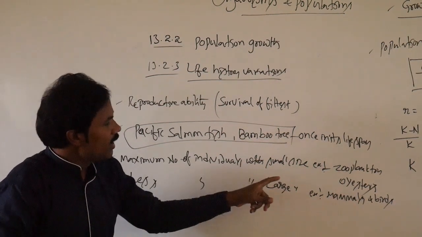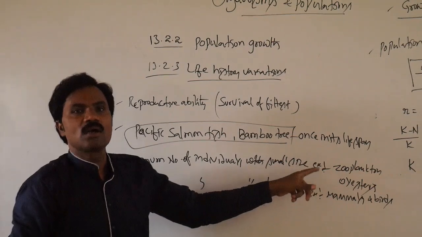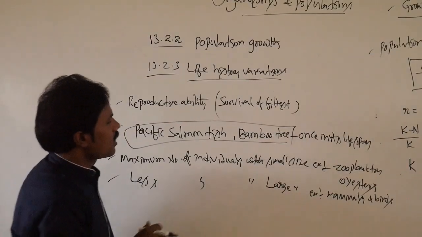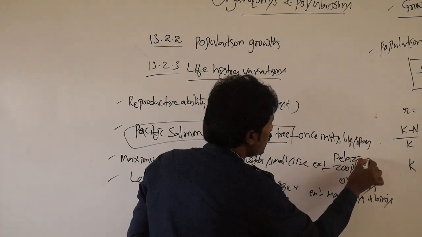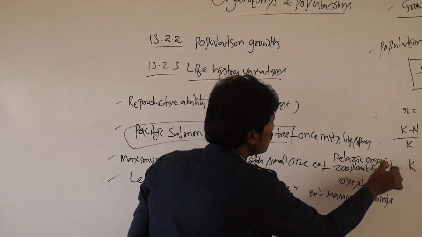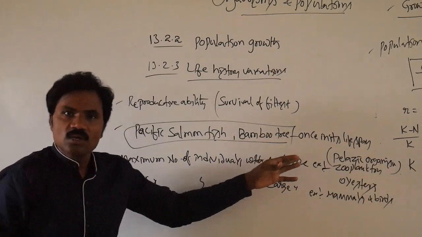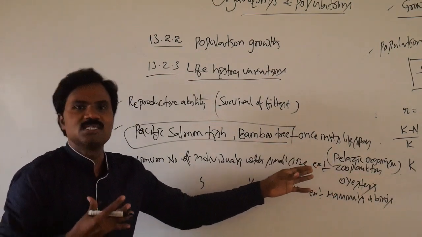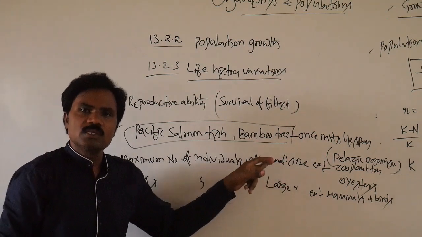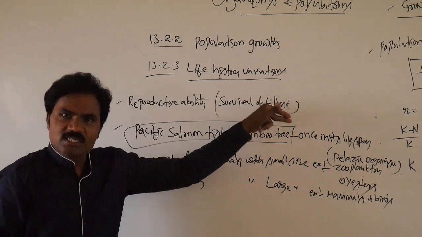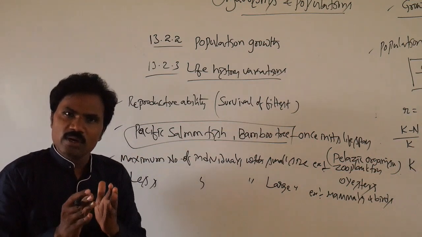That is related to zooplankton or pelagic organisms, oysters as well as pelagic organisms. These organisms are related to maximum number. So either small size or large size, related to size and related to number.